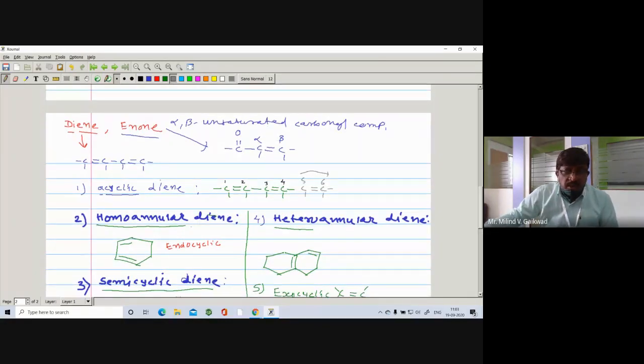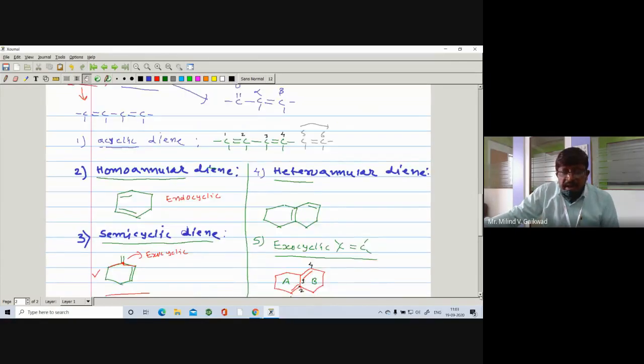So what have you learned? We have learned the homoannular diene: the two pi bonds are present in the same ring. Then the heteroannular diene: the two pi bonds are present in different rings.